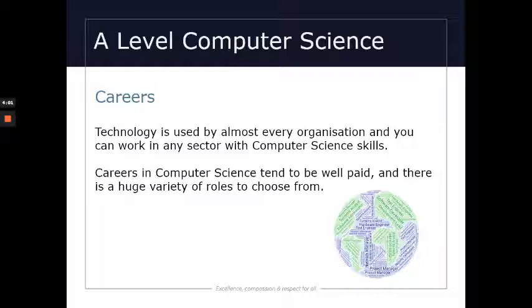You can go anywhere from hardware engineering, robotics engineering we've talked about, right through to programming, project management, testing, system support, network management, network architecture, you name it, database architecture, database administration. There are a huge variety of roles, and you can work in any sector, any organisation. Every organisation uses computer science in some way, shape or form.